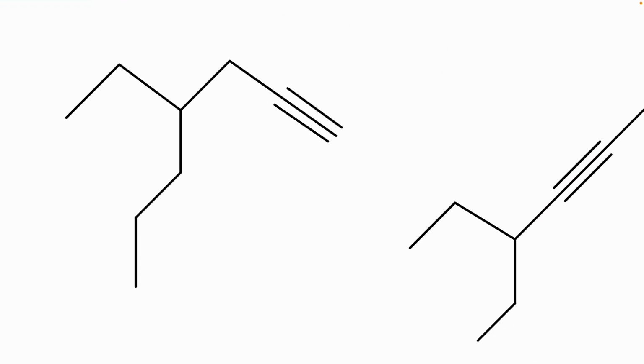All right, so we got to find our parent chain here. Okay, this would be 1, 2, 3, 4, 5, 6, but I can go even longer if I start 1, 2, 3, 4, 5, 6, 7. So my parent chain, very creative, is again a heptyne.